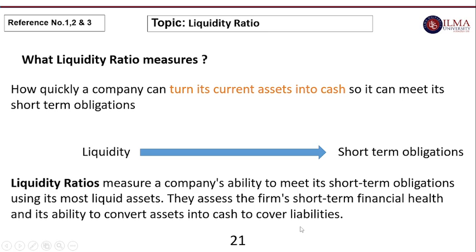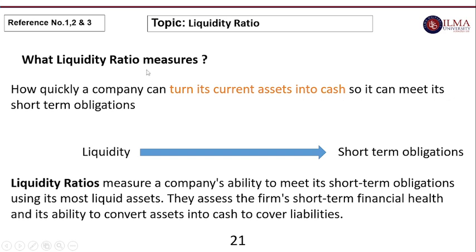With the help of the words cover the liabilities, this liquidity ratio mainly tells that the company has assets, so if there is any shortage of cash, the current assets can be used as cash.